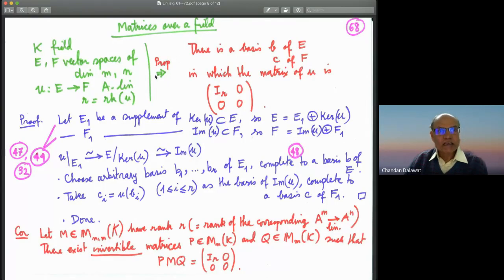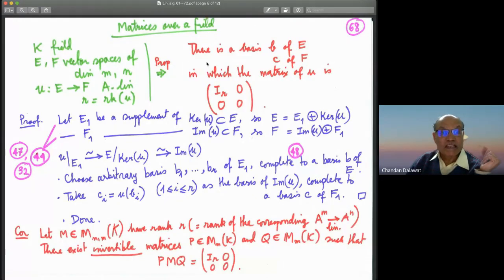And the proposition says that I can find a basis B of E. This B is not a single element. It's a family of M elements of the vector space E. And a basis C of F, which again is a family of N vectors in F. So whenever I have bases for the source and the target and a linear map between these two vector spaces, I get the matrix of this linear map in these bases.